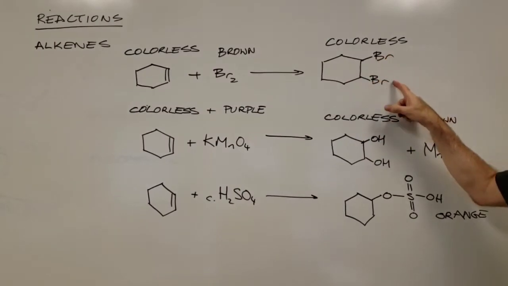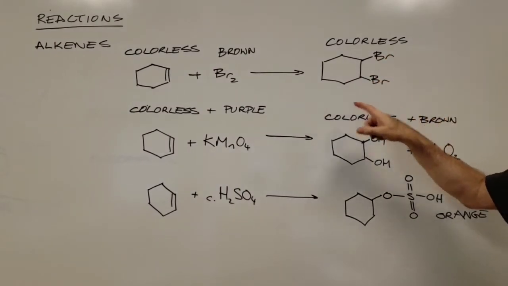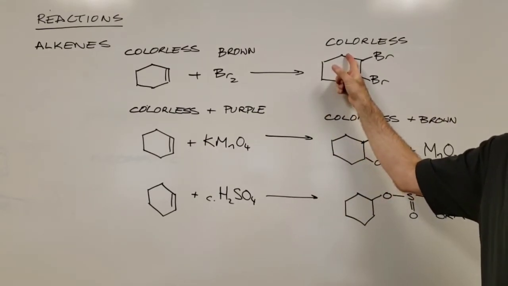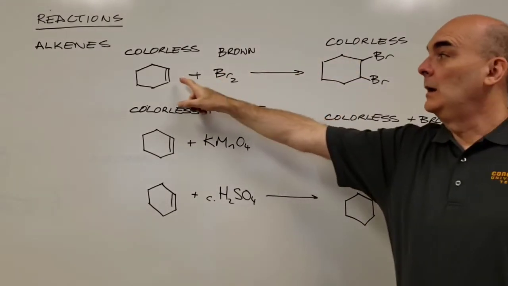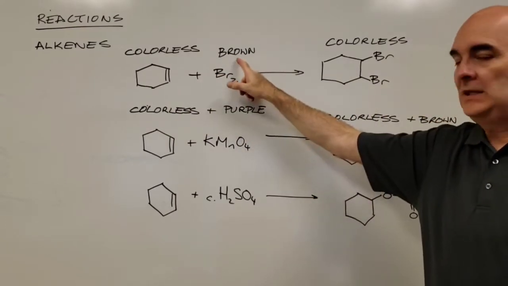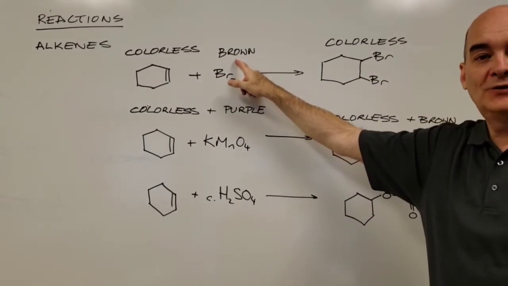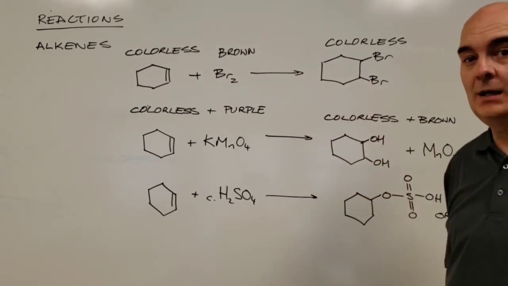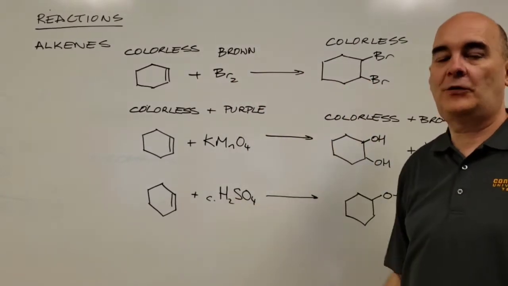The bromines will add across that original double bond, making a colorless material, meaning that as this reaction progresses, the yellow-brown color in your test tube will go away. Dissipation of that color is a positive test for an alkene.